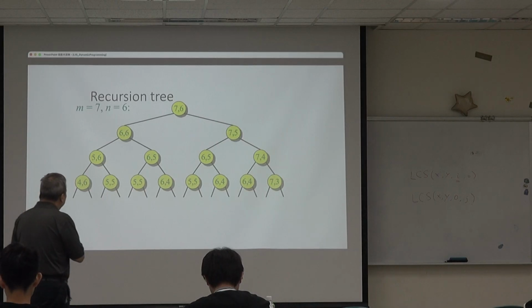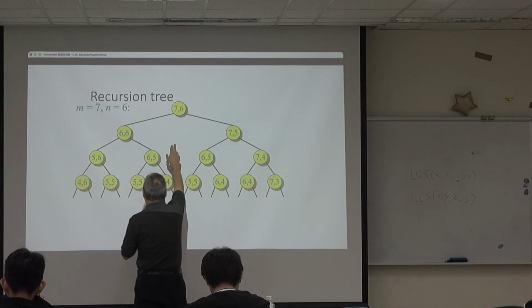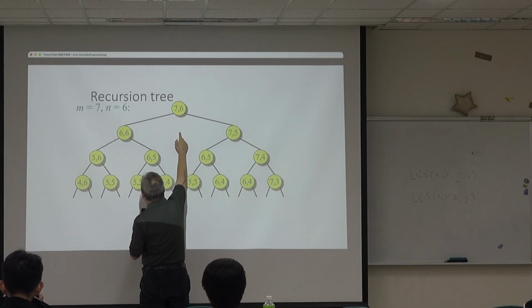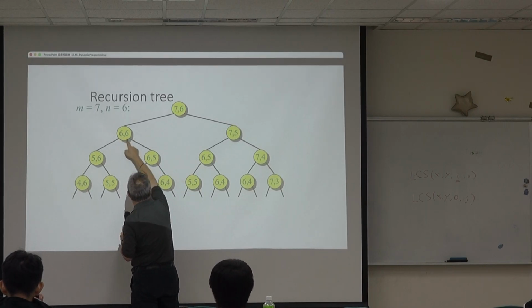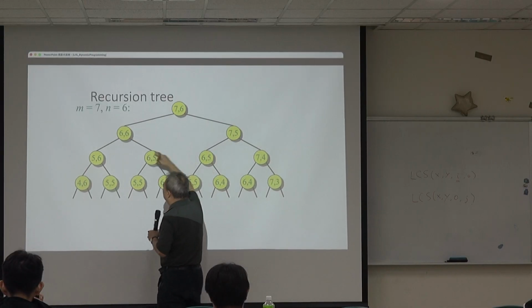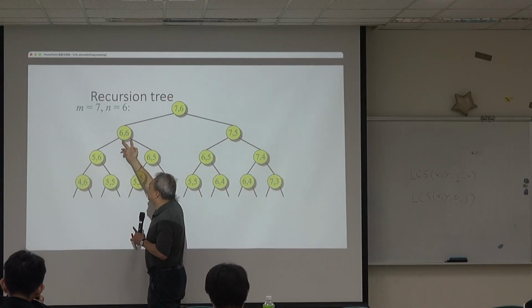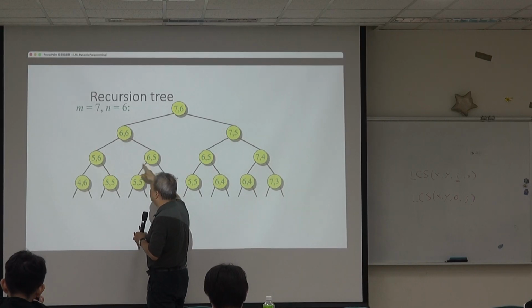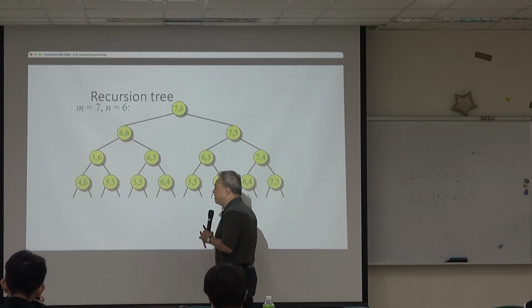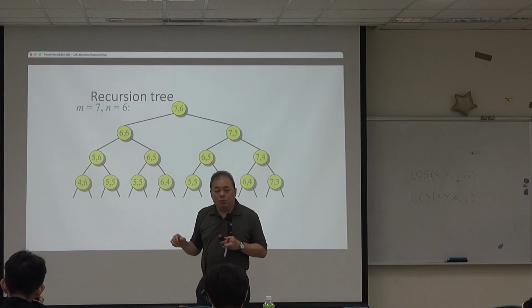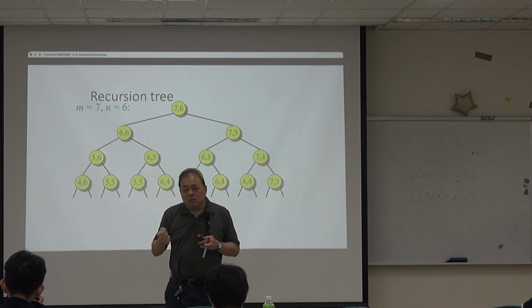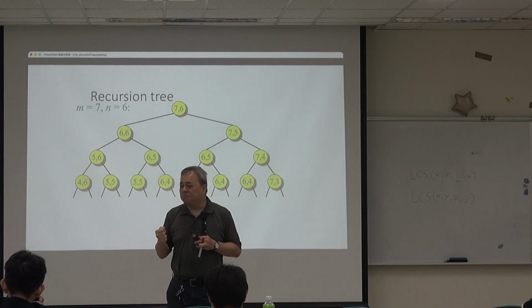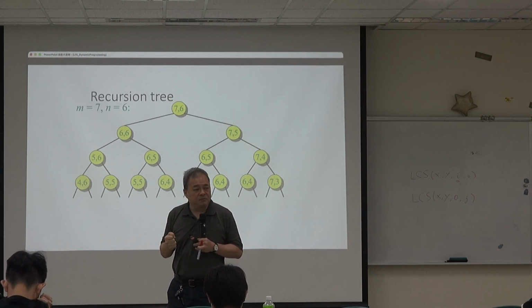So if the last characters of the two prefixes do not match, we have to do 6, we have to do 7, 5. And if the last two characters from the two prefixes do not match, again, we need to do this. So we see that the recursive calls increase exponentially, right? Exponentially.